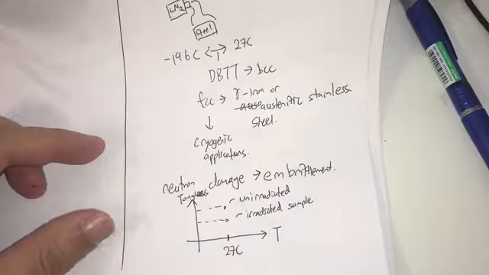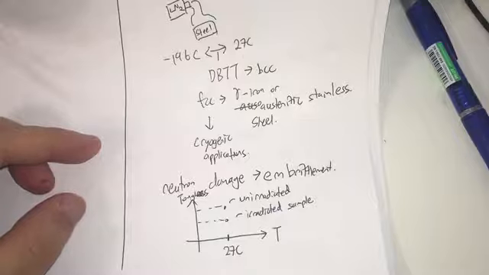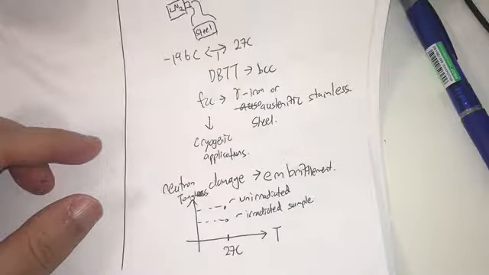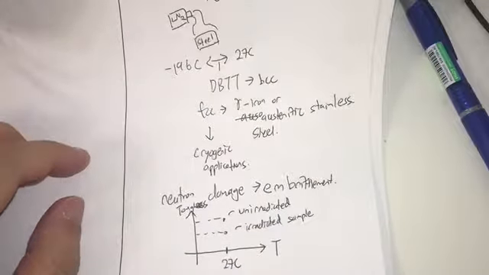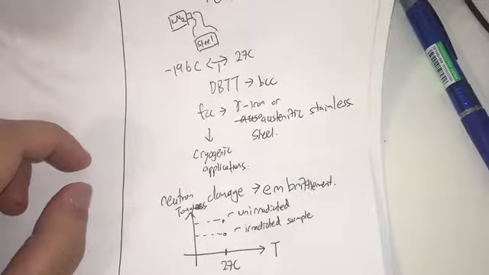At the same temperature, the same material becomes more brittle, so it decreases the material toughness. The other way of saying this is that the ductile to brittle transition temperature increases.